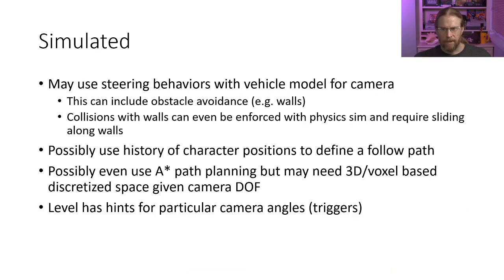So in terms of implementing this sort of camera, you will probably have characteristics associated with the camera itself, treating it like a game object of some sort. It might have a collider and some physical properties. It could have steering behaviors like acceleration, maximum velocity, turn rates and so on.